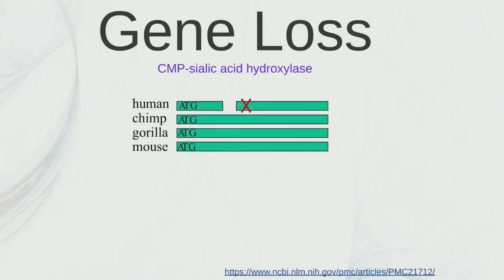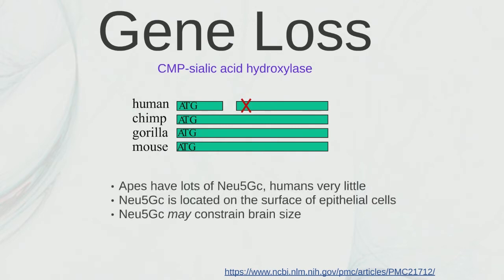One example is this sialic acid hydroxylase. It's involved in sialic acid biology. And so we have a big frameshift mutation that basically deletes this gene. So we don't have this particular gene, but chimps and gorillas and most other mammals do. And this is called Neu5Gc.